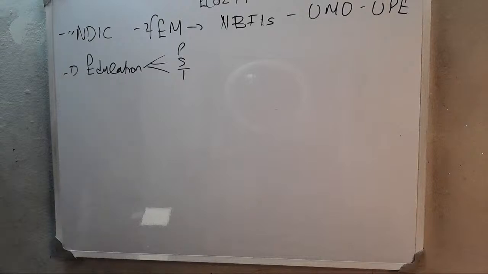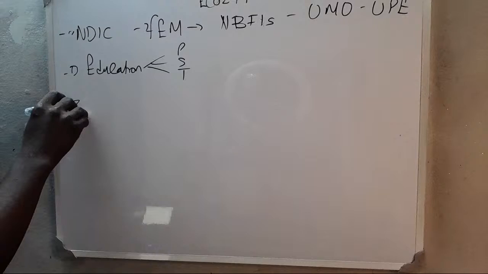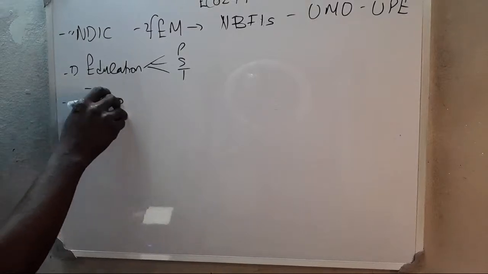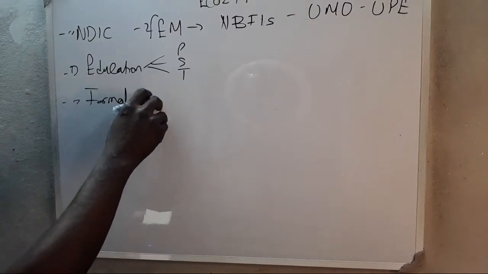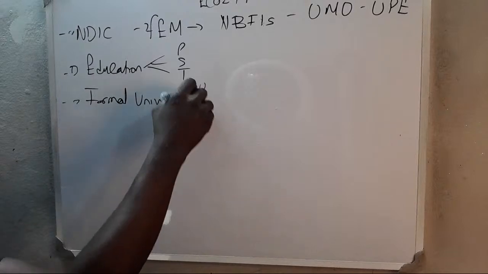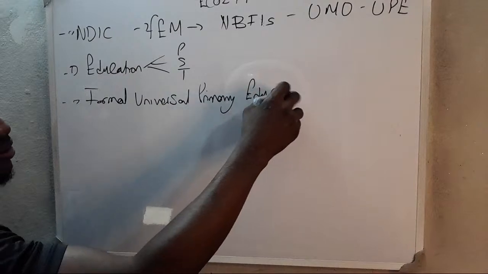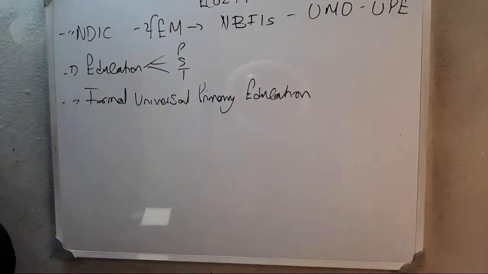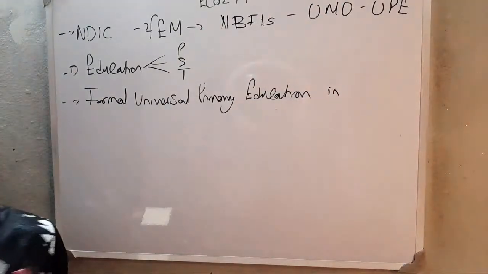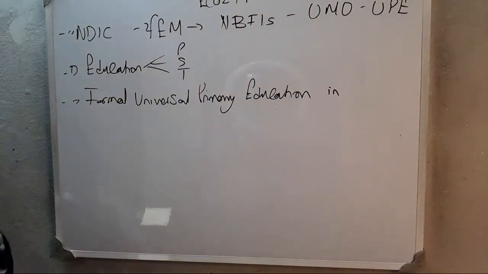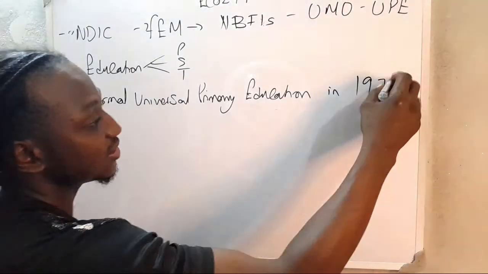So there was a formal Universal Primary Education that the Nigerian school system observes. This formal primary education was introduced in 1976.